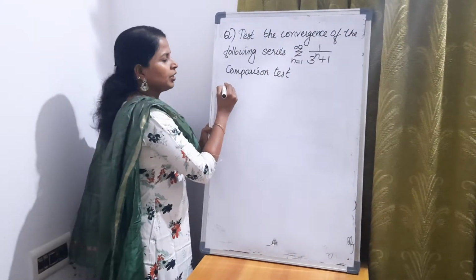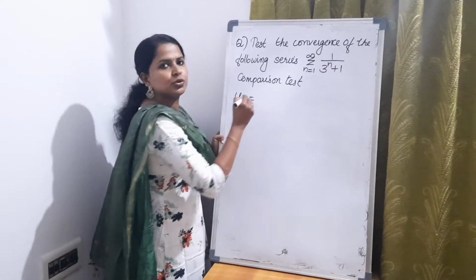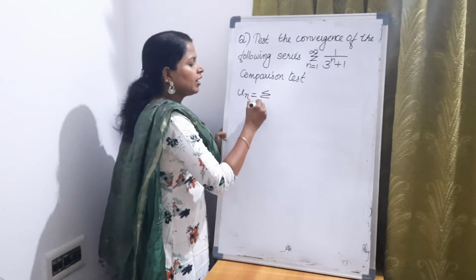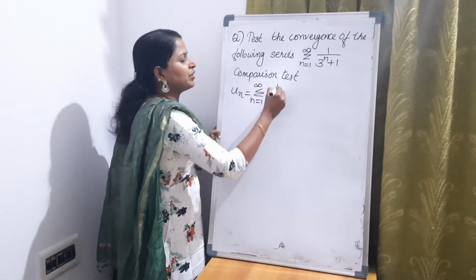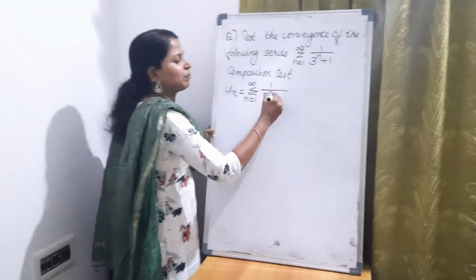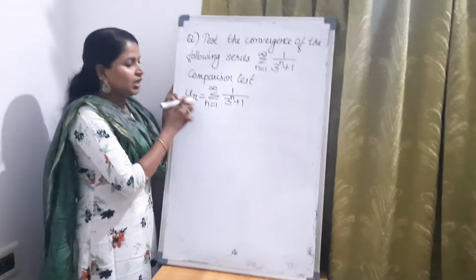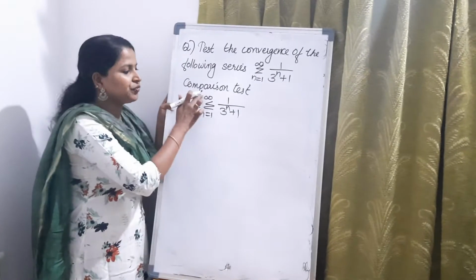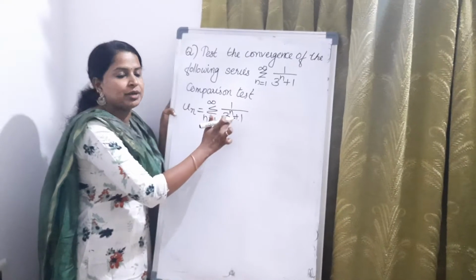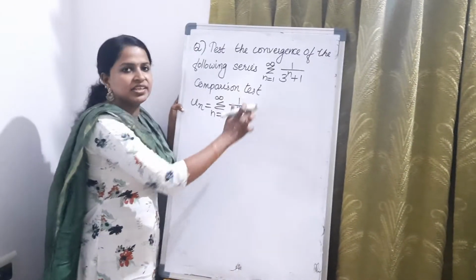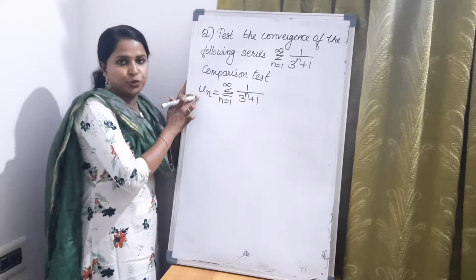Here un equals sigma n equal to 1 to infinity 1 by 3 raised to n plus 1. That is, the given series is denoted as un.